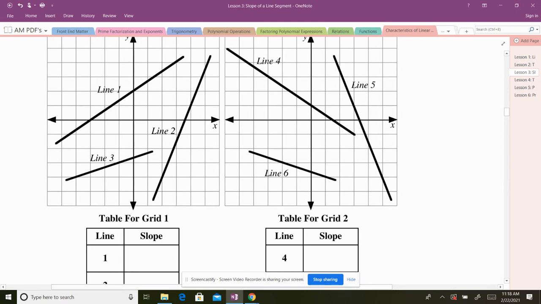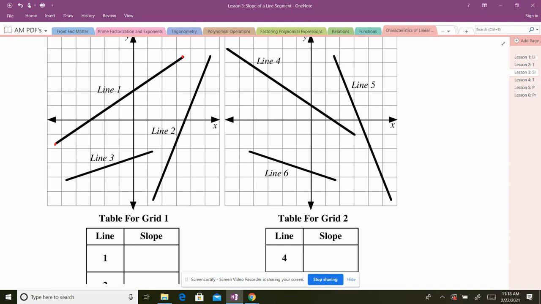Up until this point, every line had nice, perfect endpoints. It always went through the corners. These ones don't. They stop in the middle. But we learned that all the slopes on this line, or any of these lines, are the same. It doesn't matter what points you pick on the line.